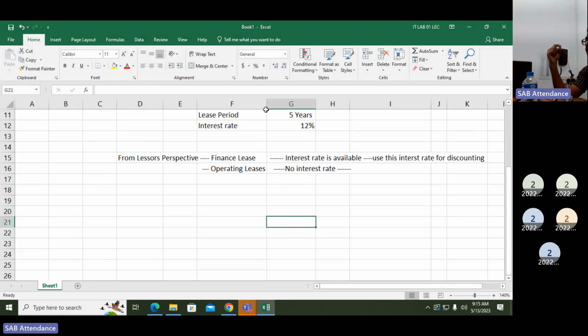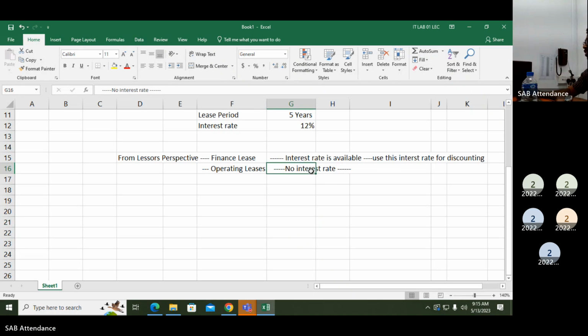You agree on the monthly lease rental, and there is no interest there. You say monthly you are paying 100,000, or the annual payment is 1.2 million, over 5 years. That is our lease agreement. We get a building for use for 5 years, annual lease rental 1.2 million paid over a 5-year period. So then no interest. Then how to discount it?